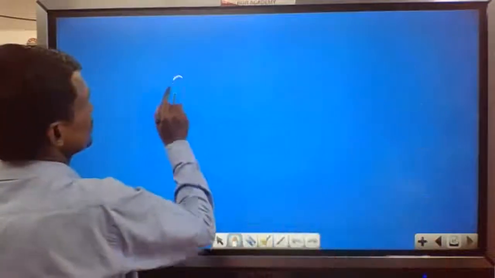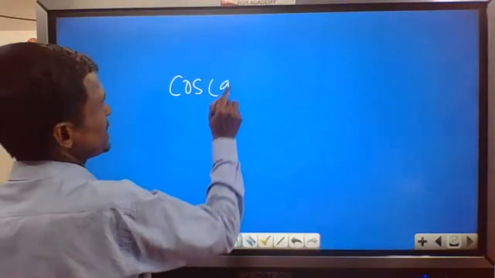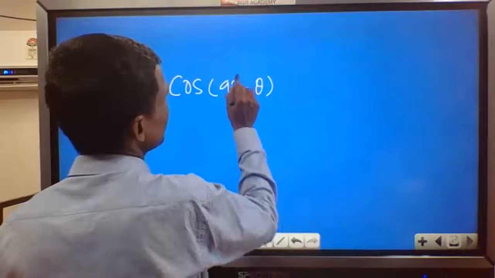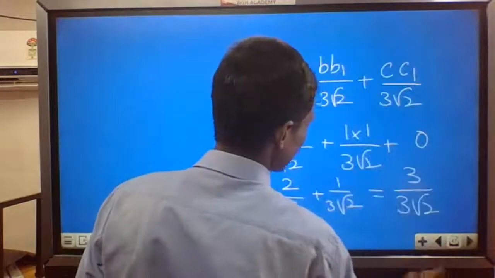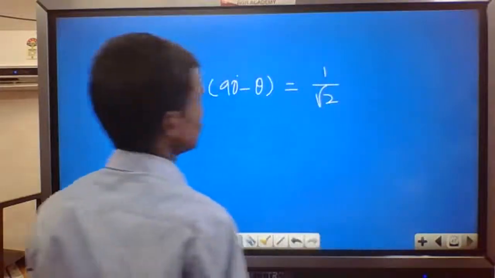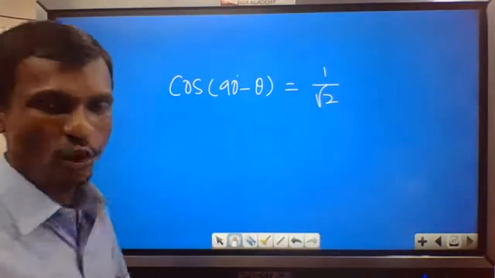And then cos(90° − θ) is 1 by √2. Which quadrant is 90 − θ in?